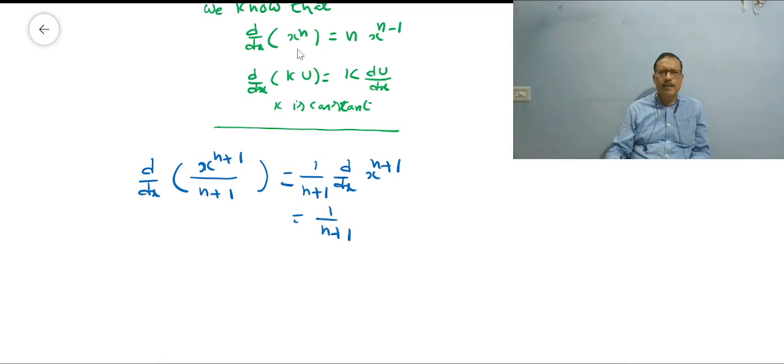Applying the formula, that means n plus 1 into x to the power of n plus 1 minus 1. Here n is not equal to minus 1. So n plus 1 gets cancelled, and this is equal to x to the power of n.